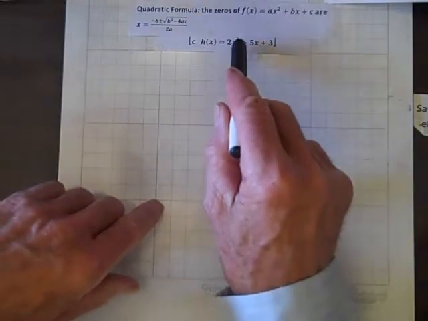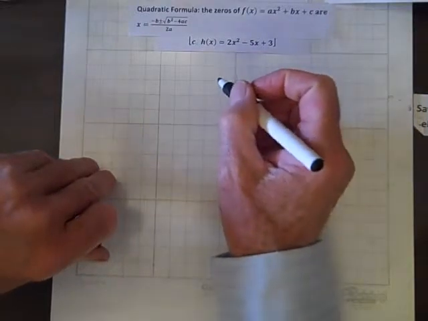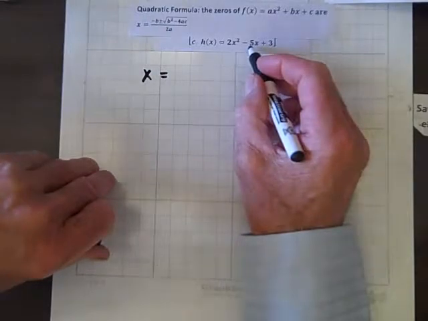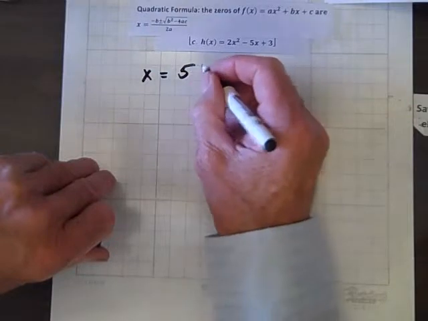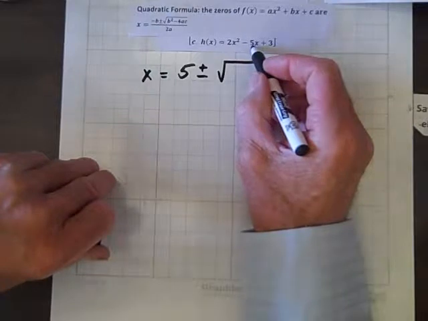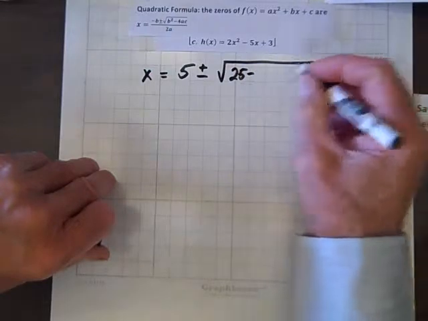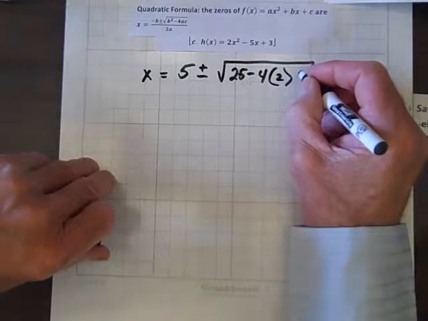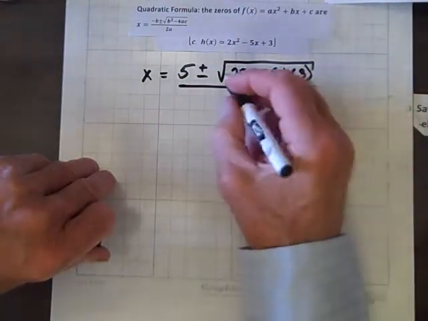So now let's find the zeros of h of x using the quadratic formula. So x equals, now in this case b is negative 5, so a negative times a negative is a positive, 5, plus or minus the square root of, and we'll square b, so negative 5 squared is 25, minus 4, a is 2, and c is 3, all over 2a.